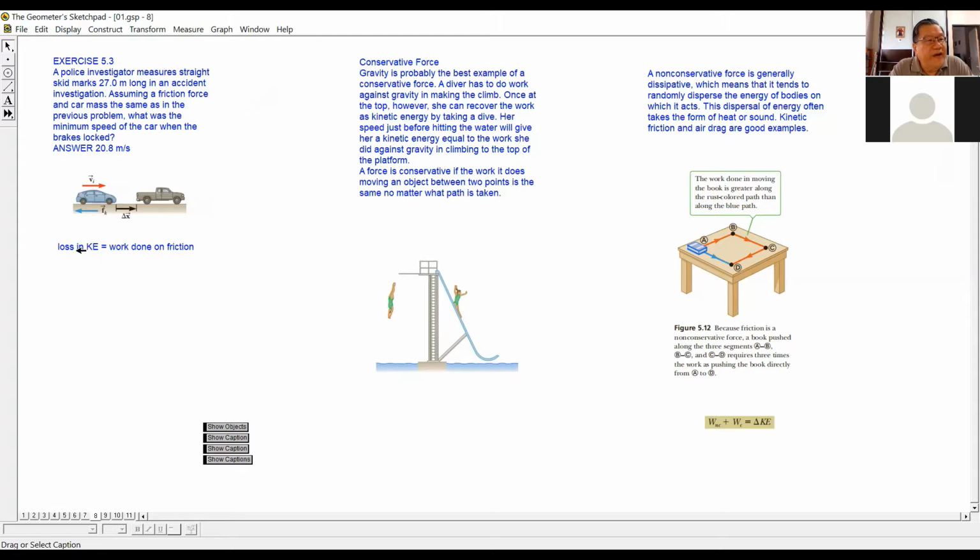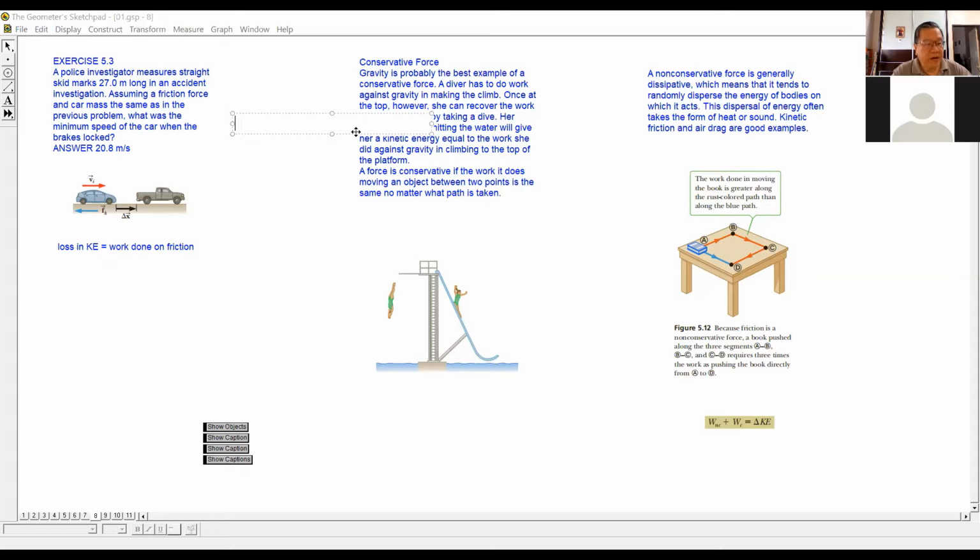Okay, so we say that the loss in kinetic energy is the work done. So the police skid mark is 27 m, assume the friction is the same. So the frictional force is still the same, right? And the mass of the car is the same. The frictional force, I think just now, is 8,000 newtons.